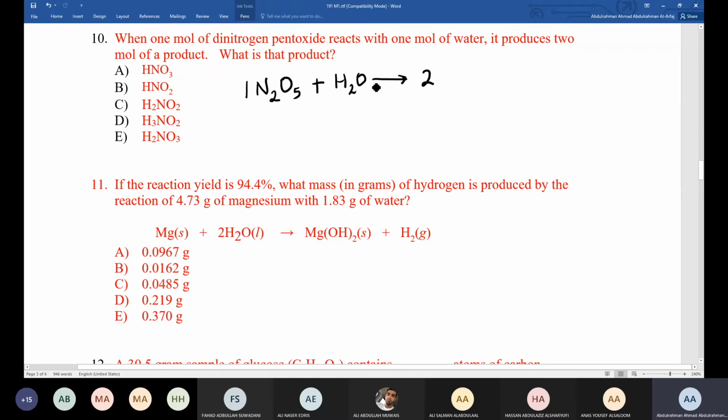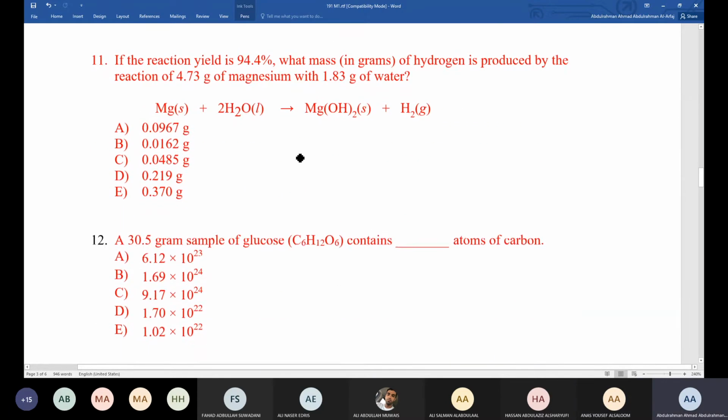So everything here must be written. We have H2, N2, and O6, because I combined everything, right? Which is actually 2 times HNO3. So it produces 2 mole of HNO3. How easy?